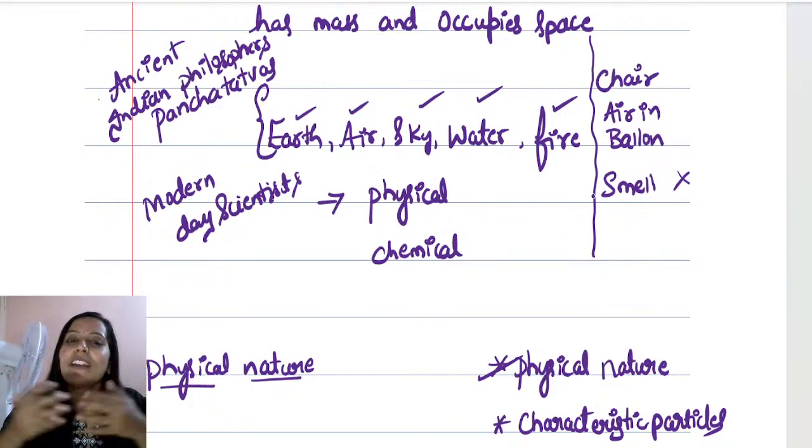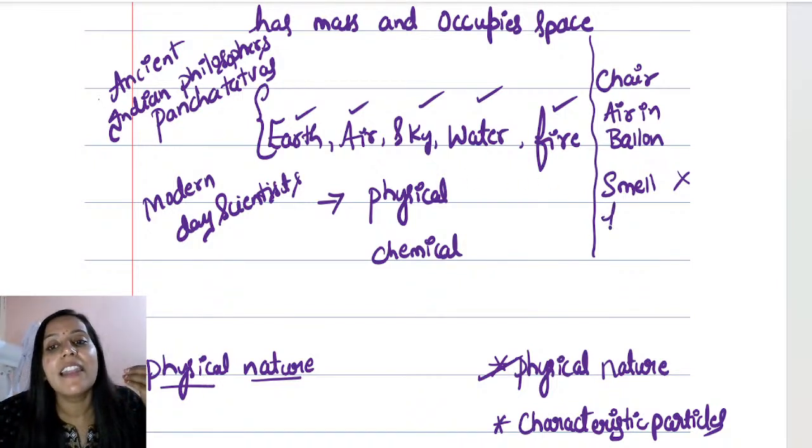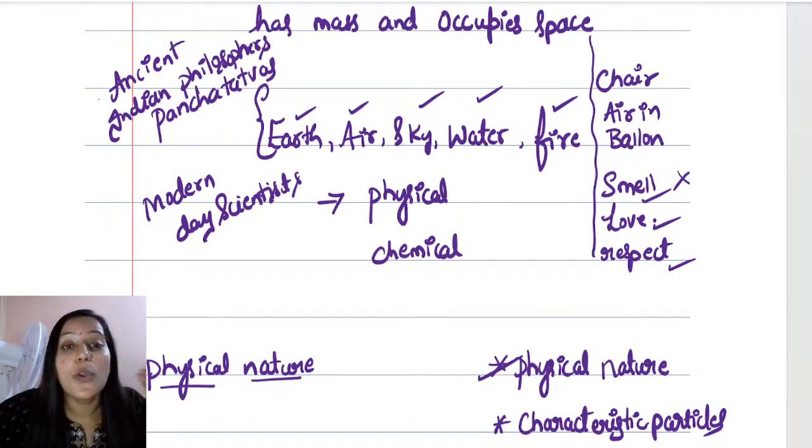Now you and your friends are very close. You love each other. You have respect for each other. Can I consider the love or the respect that you have for each other as matter? Definitely not. Why? Because the smell, the love, the respect, they are all feelings. They are all thoughts. They do not have any kind of mass and they do not occupy any kind of space.